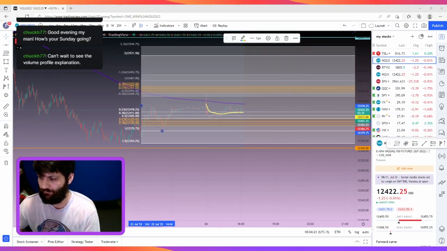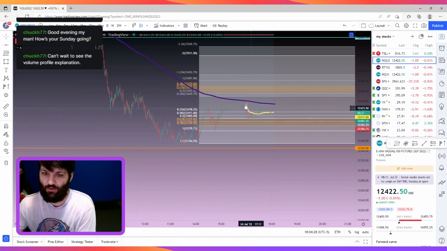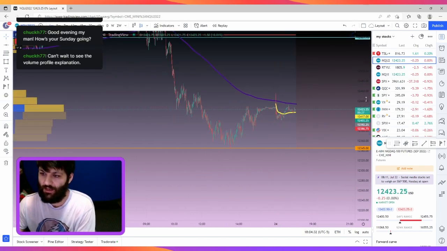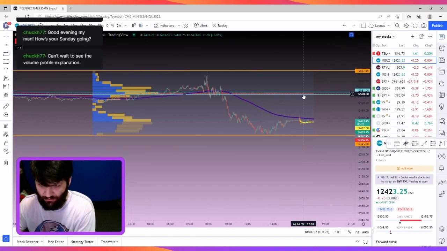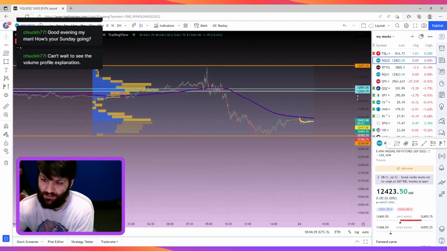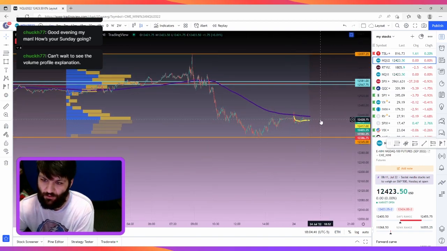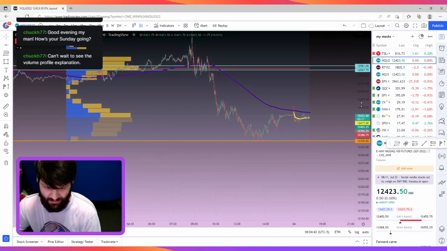Okay. So Sunday's going very good. So this volume profile, you know what? Let me go ahead and just take this off for now, and let's look at the volume profile. So what you'll notice is as the day goes on, especially if I draw my fibs up here.